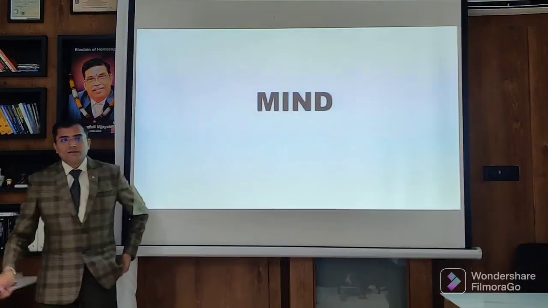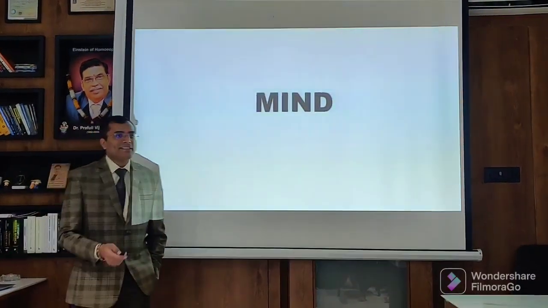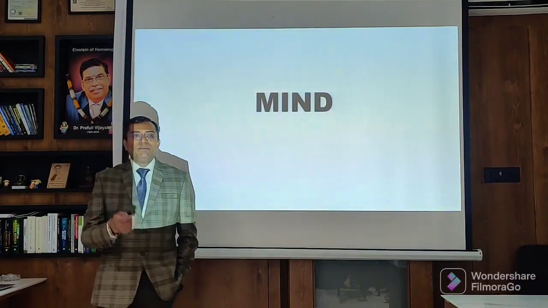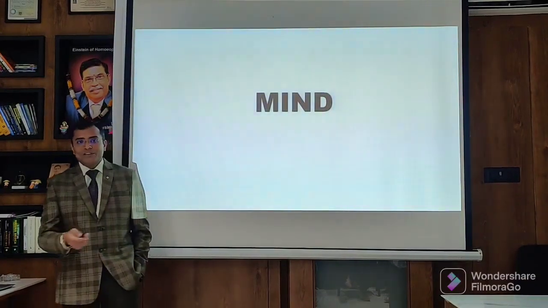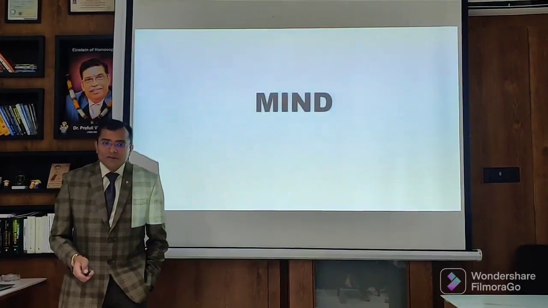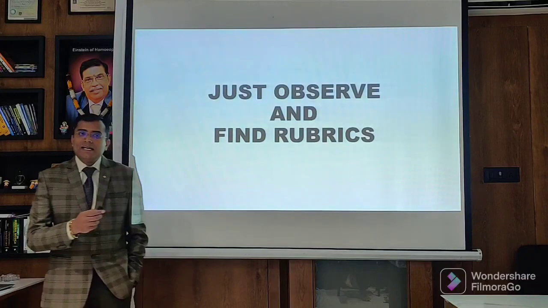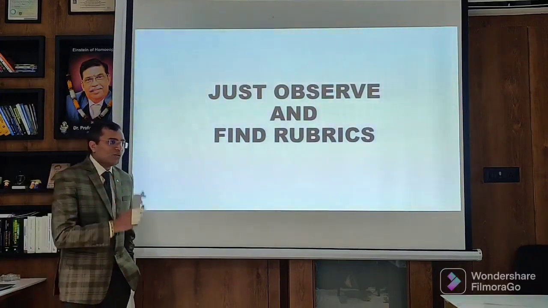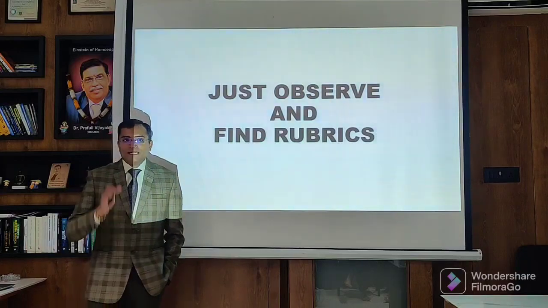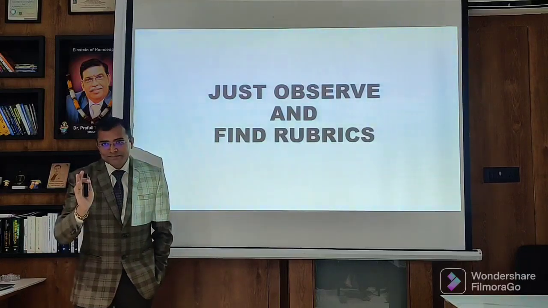A very difficult aspect to learn is the mind. The mind cannot be seen. It can only be perceived, or observed from observations. So this is what we are going to do. Just observe and find the rubric. So let's say we have some clips, and out of the clips you have to exercise your mind.